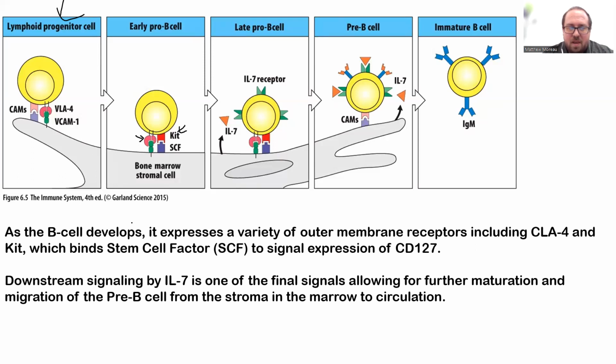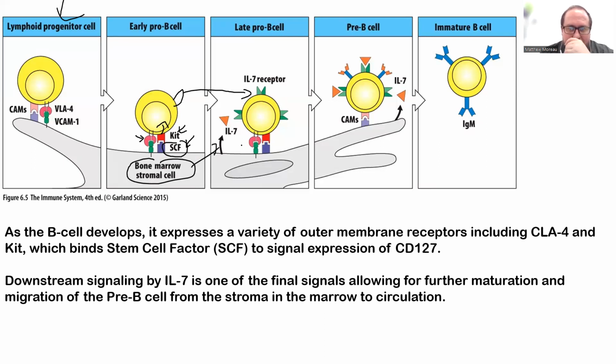And KIT is a protein that binds to stem cell factor, and when KIT binds to stem cell factor, it triggers a phosphokinase relay that activates the expression of IL-7 and IL-7 receptor. So this triggers expression of IL-7 receptor, and SCF triggers activation from the bone marrow to produce IL-7.